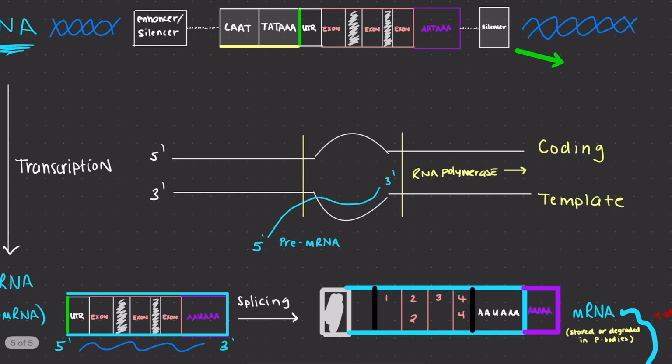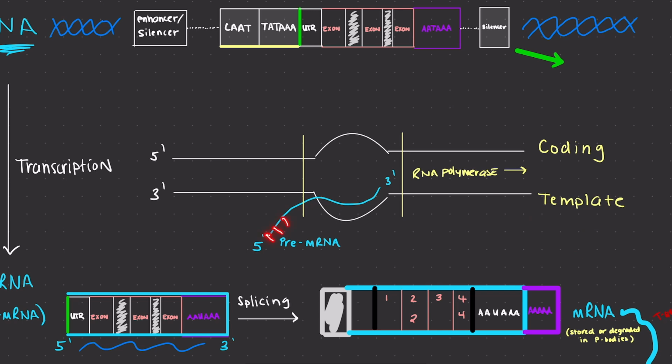simple template that really describes this transcription process the best, and that is: once the RNA polymerase binds to the promoter region, the RNA polymerase will move from left to right in this case, and the template is this bottom strand.